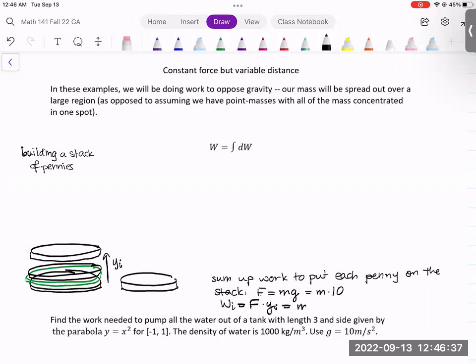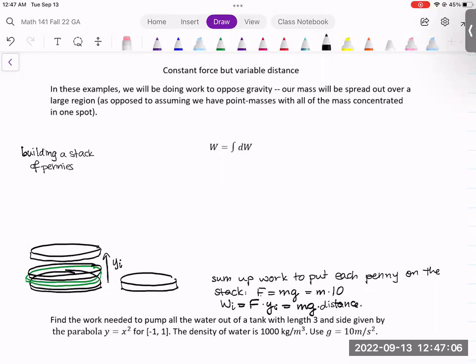Which we can write as the mass times gravity times this distance. And then when we've figured out the work to move an individual penny, we can add them all up and it'll tell us our total work. We're going to use the same principle in general.